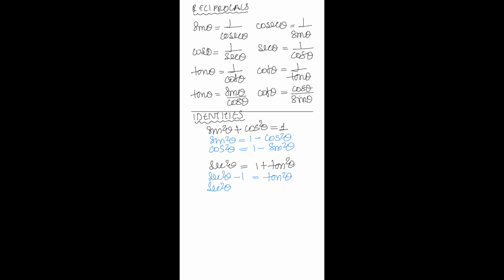You will have sec square theta minus tan square theta equal to 1. So that was our second identity. Sec square theta is equal to 1 plus tan square theta. Sec square theta minus 1 is equal to tan square theta. Sec square theta minus tan square theta is equal to 1.